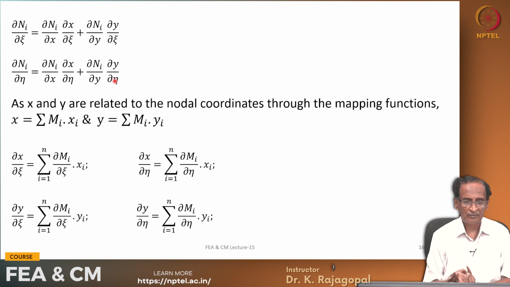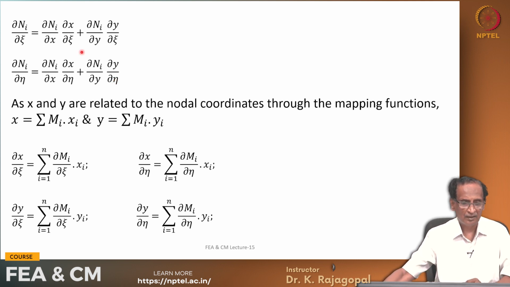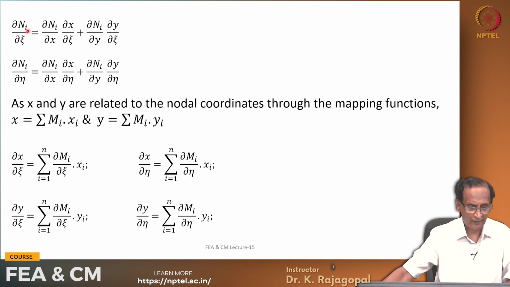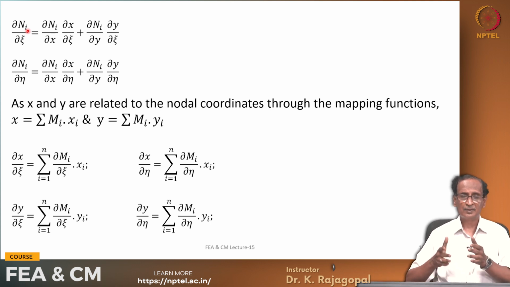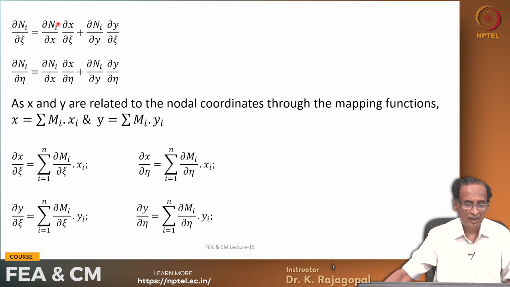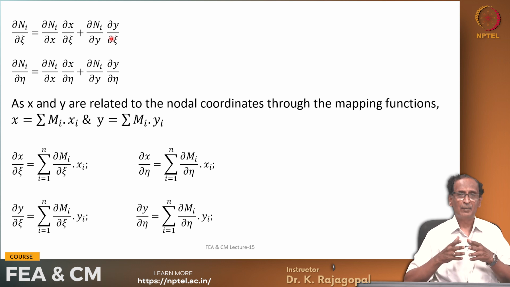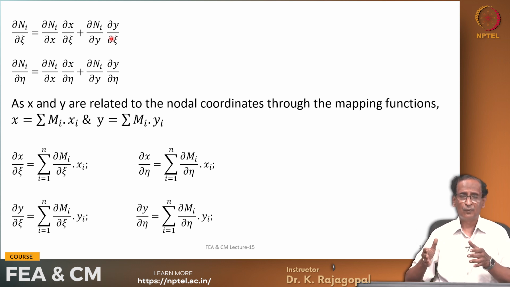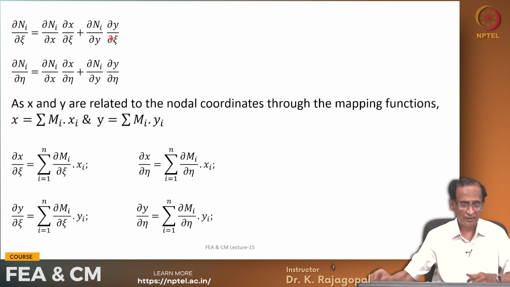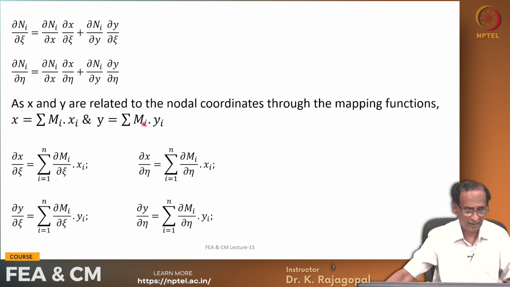In these two equations, dou N by dou xi we can directly evaluate, because our shape functions are formulated in terms of xi and eta, and dou x by dou xi and dou y by dou xi we can also evaluate, because our mapping functions are formulated in terms of xi and eta, and our x is sigma of Mi xi and y is sigma Mi yi.